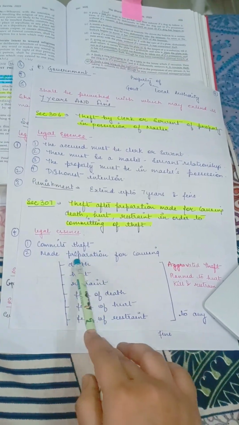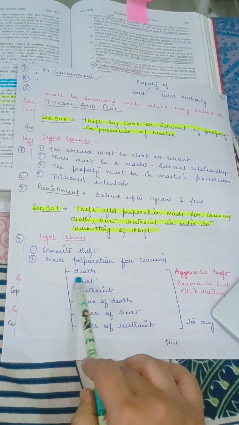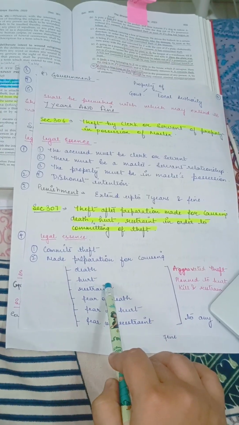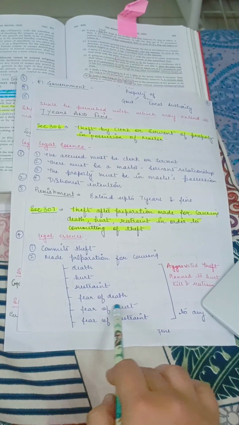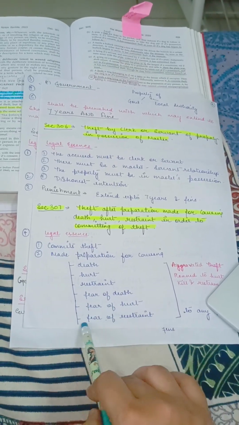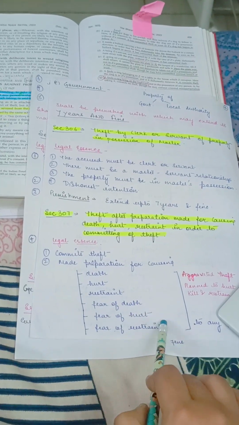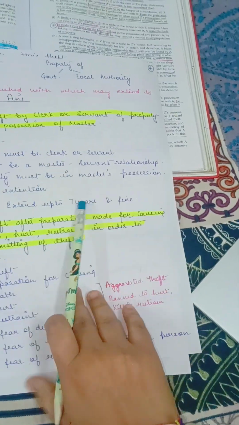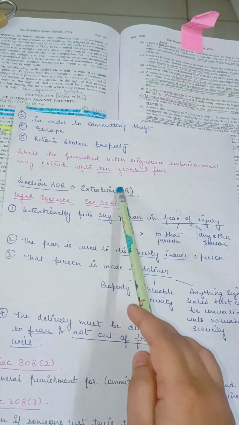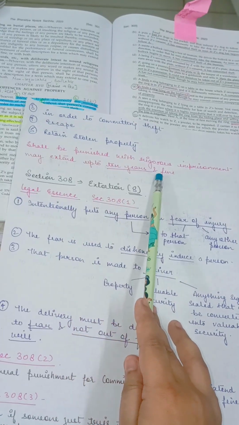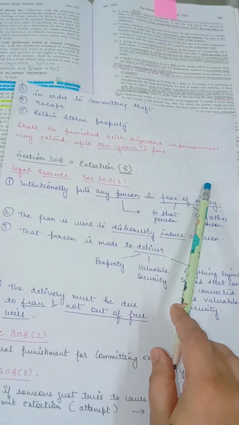Second, preparation is made for causing death, hurt or restraint, or fear of death, fear of hurt and fear of restraint to any person, in order to commit theft, for escape, or to retain stolen property. It shall be punished with rigorous imprisonment which may extend up to 10 years and fine.